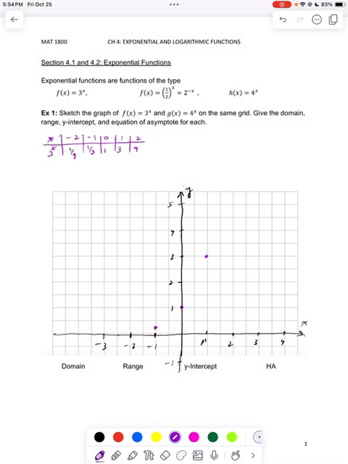So you see already I am so close to the x-axis. If I go to negative 2, which is 1/9, I am almost on the x-axis. So just be careful. If that is how it is, then don't go further. Just stay above the x-axis.